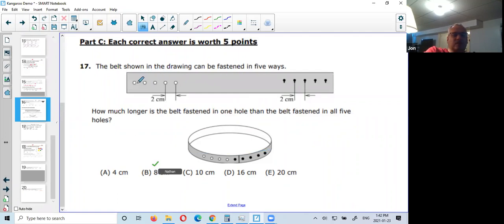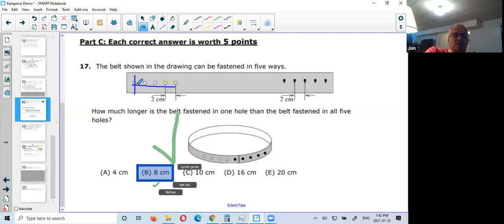Because if you connect them all, it's blocked off right to here. But if you connect it only here, then you go 1, 2, 3, 4 steps back, and each step is worth 2. So it'll be 8.